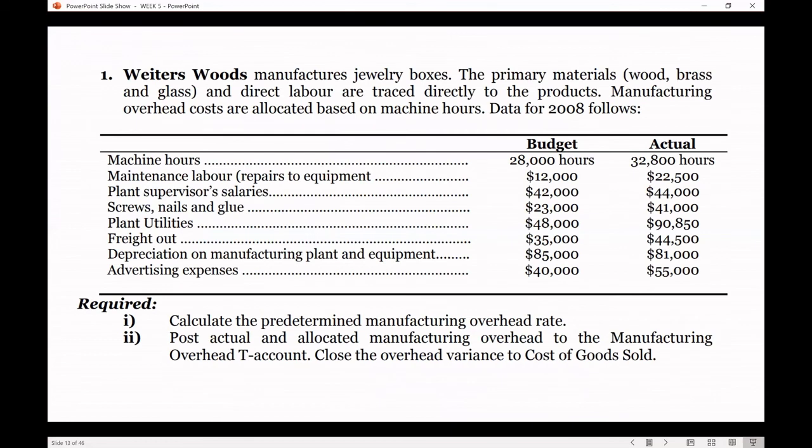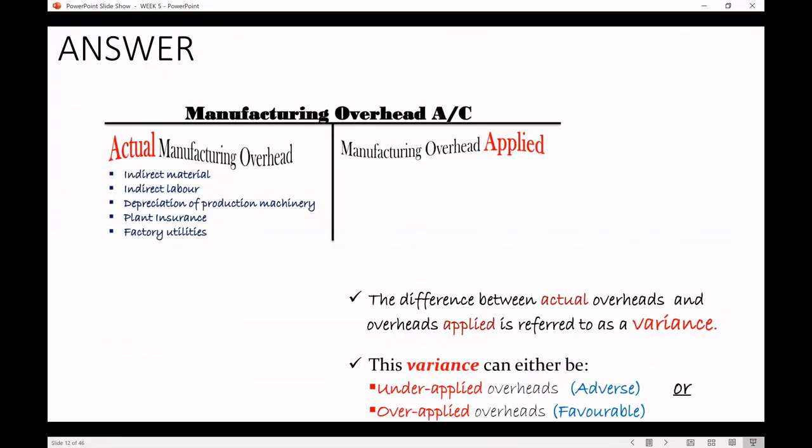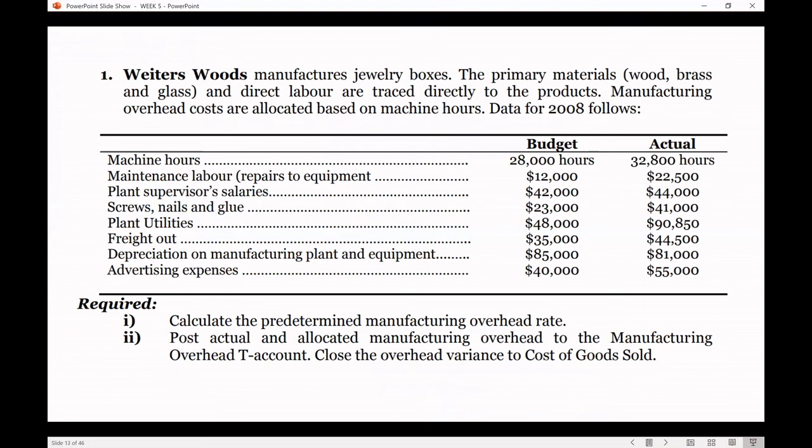So let's continue. So back at the question. Remember, our actual cost goes on our debit side and our applied goes on the credit side. So this time we'll be going to the actual column to get all our actual overhead costs.